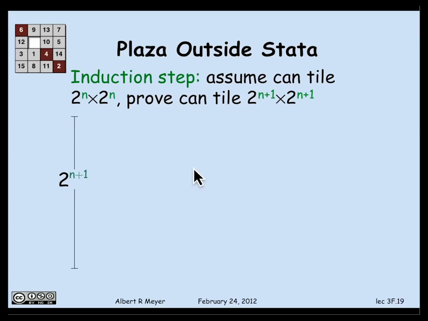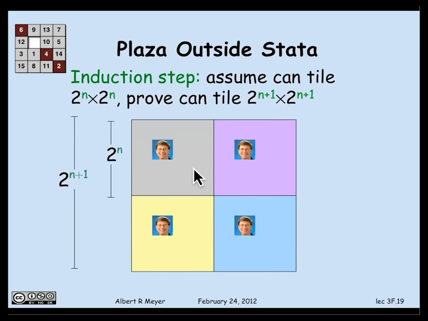So obviously, the double-size square is made out of 4 half-size squares, and so I can try to fill up the whole double-size square, 2 to the n plus 1 by 2 to the n plus 1, by working with my ability to tile them with L-shaped tiles, leaving Bill in the middle for each of those 4 subsquares.